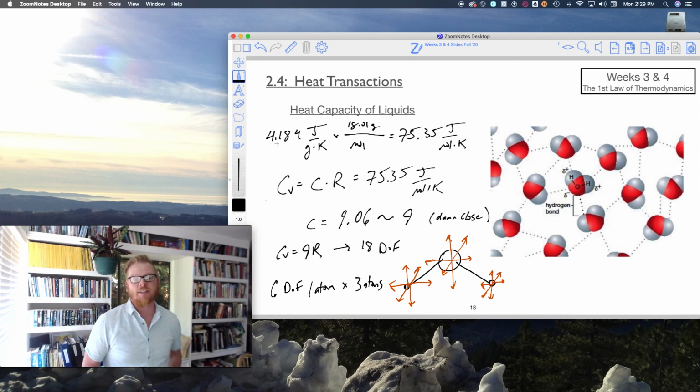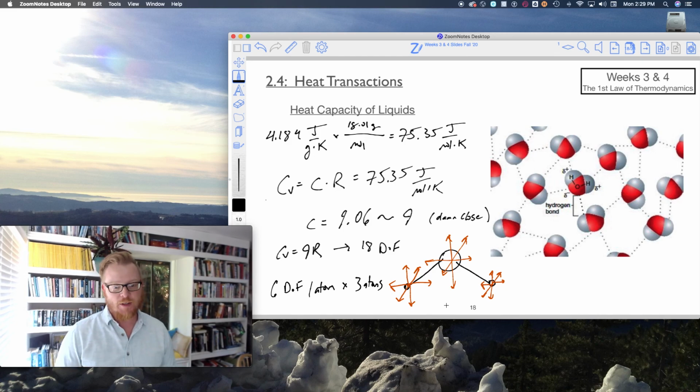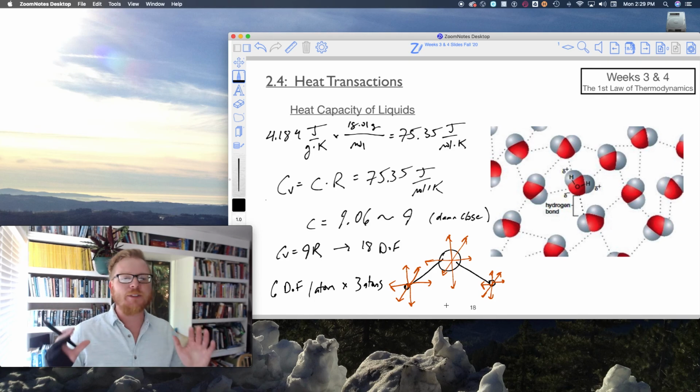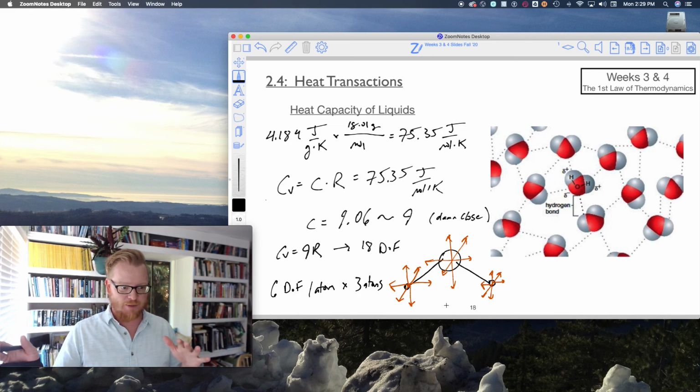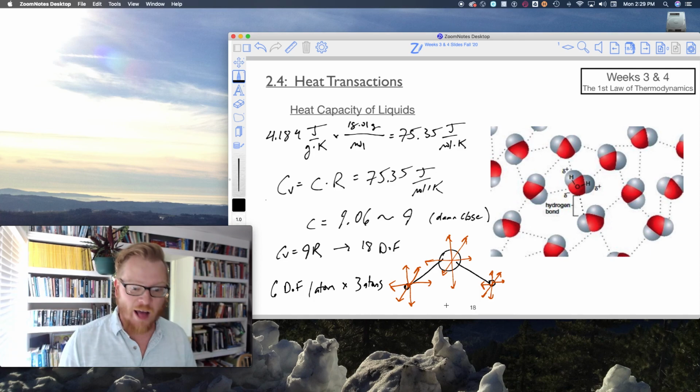So obviously this model doesn't account perfectly for that. And we should also recognize that liquid water is chaotic. It's not so simple to just say each molecule moves forward, backward, left, right, up, down, and then just say that times 6, right? But it's damn good. It works really well, okay?